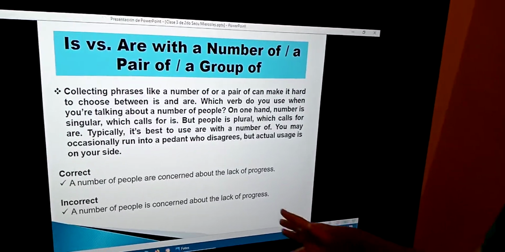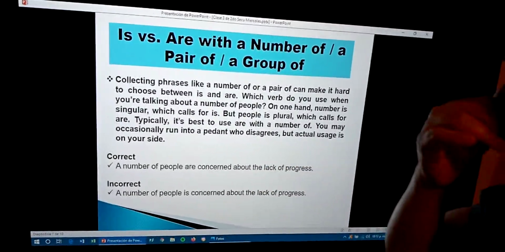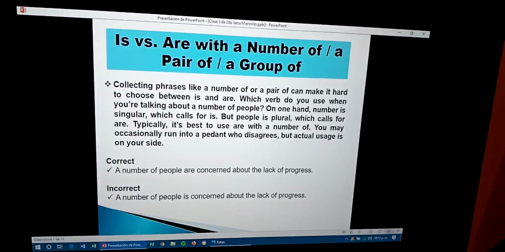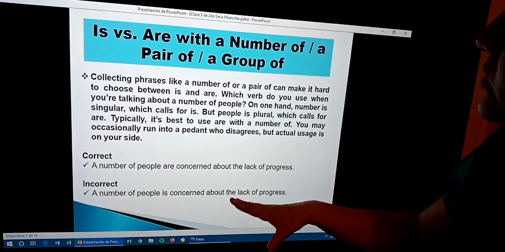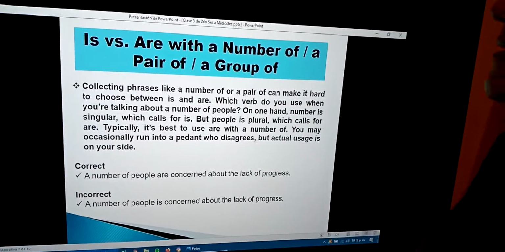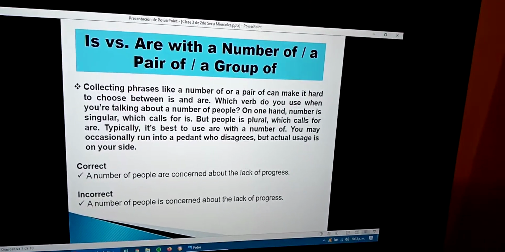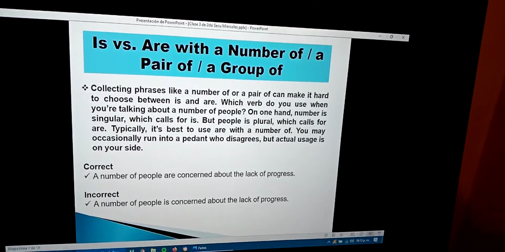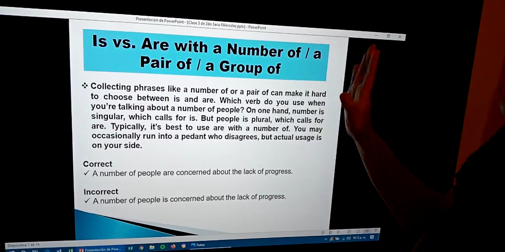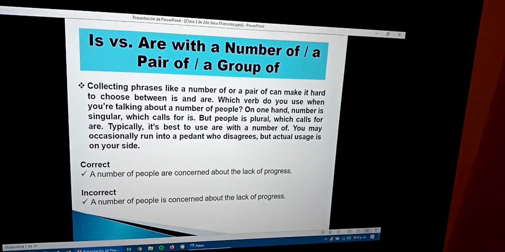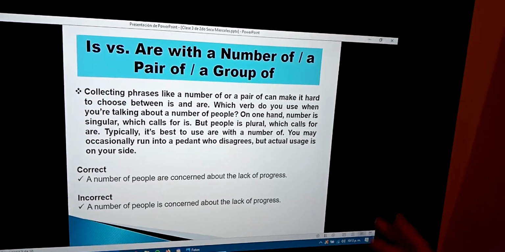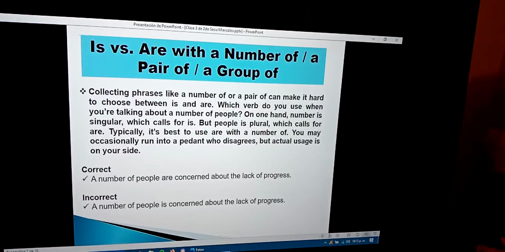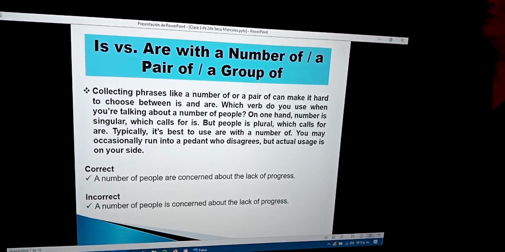This is "are" with "a number of," "a pair of," or "a group of." You need to know this.